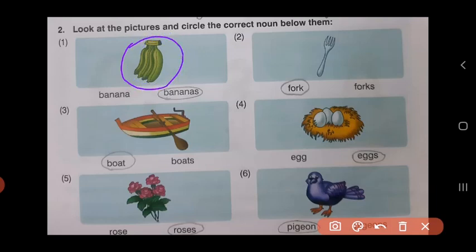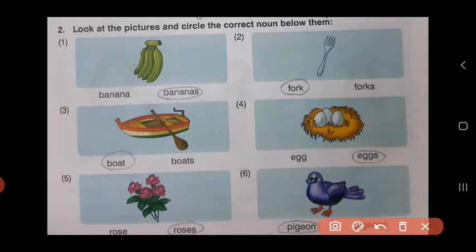Is there one banana or many bananas? Many bananas. So will it be the word banana or banana with the S, that is bananas? Which will be the right answer, children? Yes, the right answer is bananas because it is more than one.